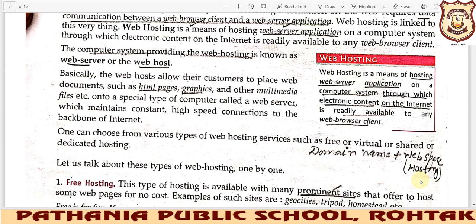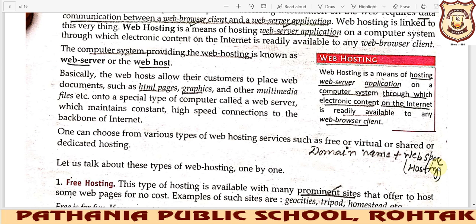Okay, so whenever you are trying to start your own website, firstly you select a name for your website, like Google has taken the name of its website as Google, and then where it has to take the space. For purchasing the hosting, there are many websites, like GoDaddy and Hostinger.